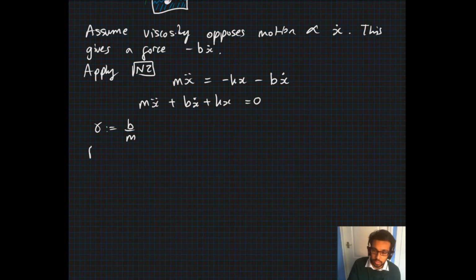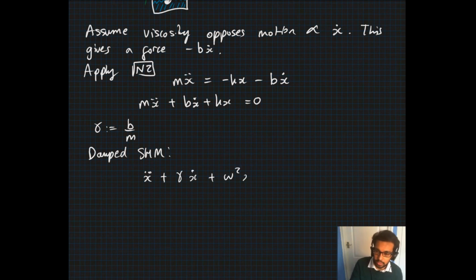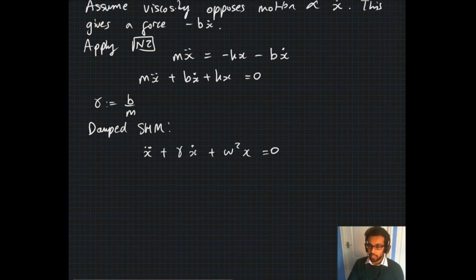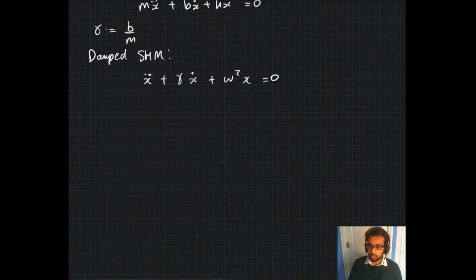So the damped simple harmonic motion equation, damped SHM, is given by x double dot plus gamma x dot plus omega squared x equals 0. With this equation, if you tried the same trial solutions as before, you'd find that cos and sine are not solutions to this.